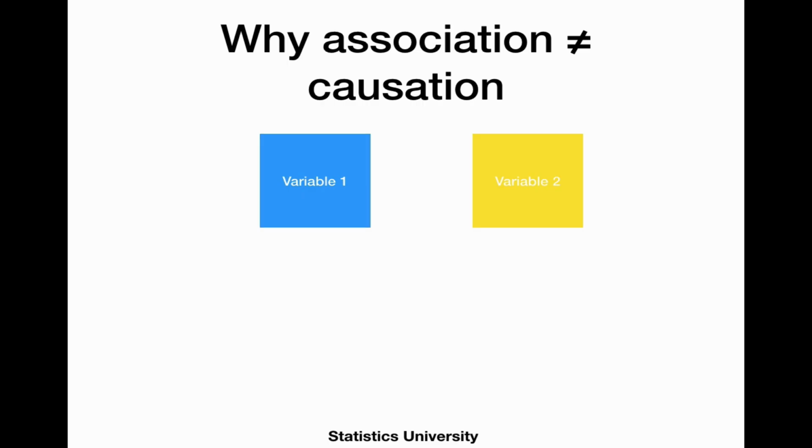But notice that I said you can predict differences in a variable and not explain or cause differences in another variable. And that is why association does not equal causation. You probably heard this phrase before, but it's a very important distinction.